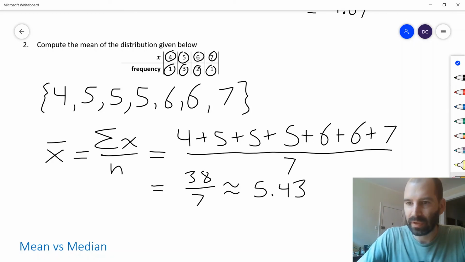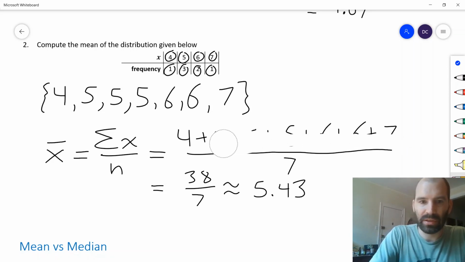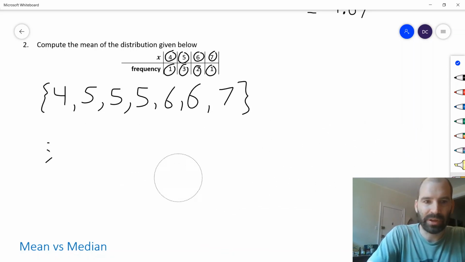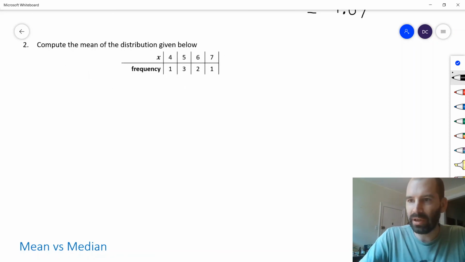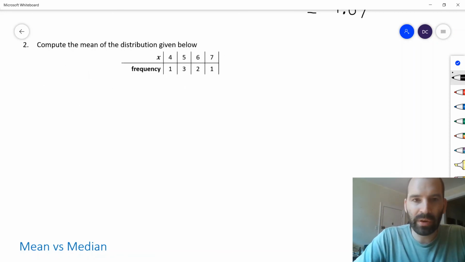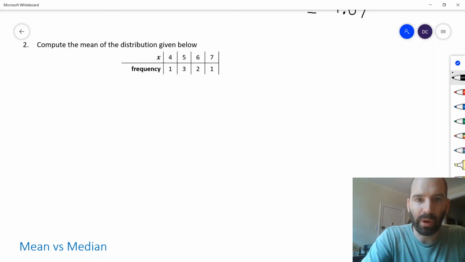So let's do this over again. Let's erase what we had before. And what we're going to do here is we're going to note that the distribution here, the frequency distribution, is actually giving us weights associated with each number. The data value 4 has weight 1.